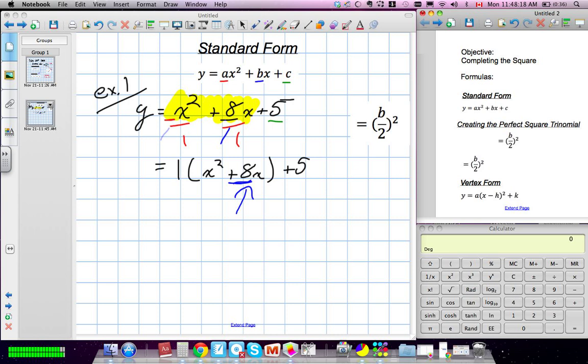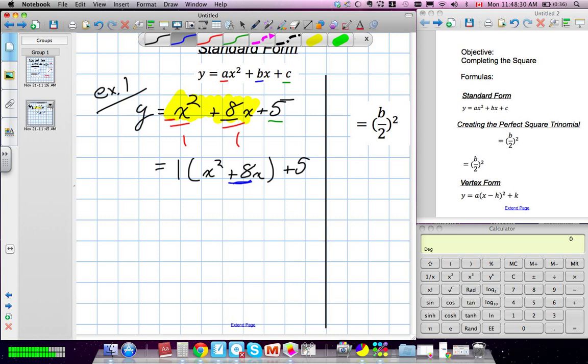So, I'm going to put a little line here. The reason we use this side calculation is the whole goal to this is we're trying to create a perfect square trinomial. Okay? So our b value is our 8. So we're going to get equals 8 divided by 2 squared. 8 divided by 2 is 4.